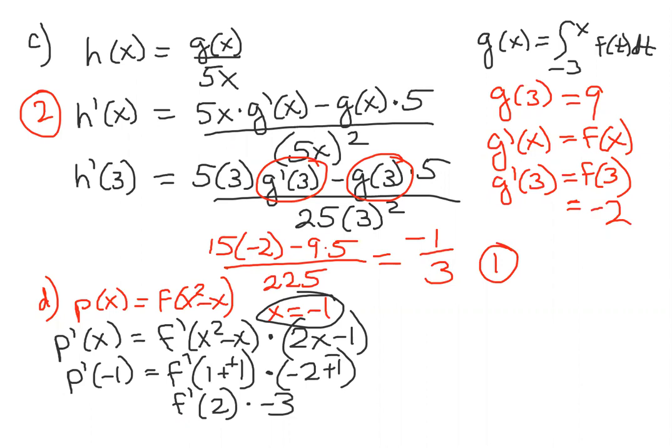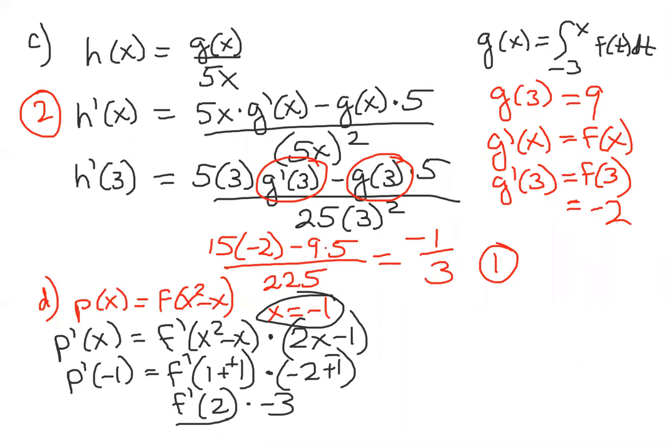So what's f prime? F prime is the slope at 2. So you're going to have to look at your graph and find the slope at x equals 2. Well, at x equals 2, the slope is the slope of the line that goes between (0, 4) and (4, -4).